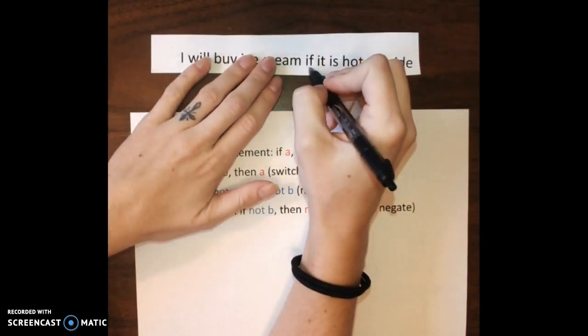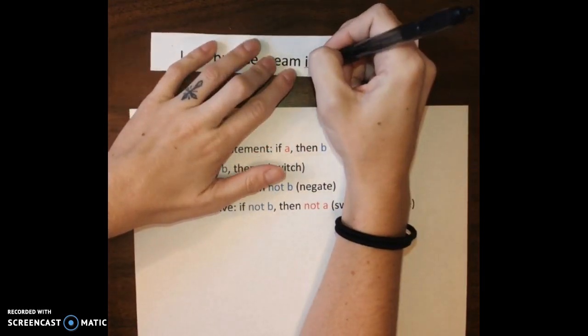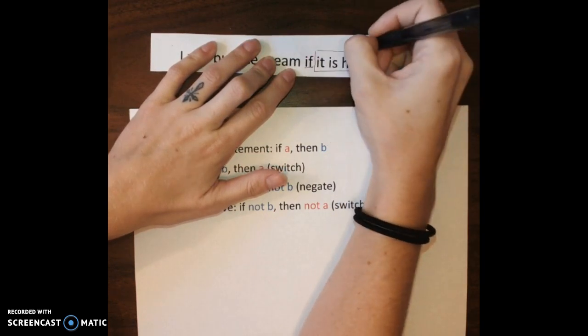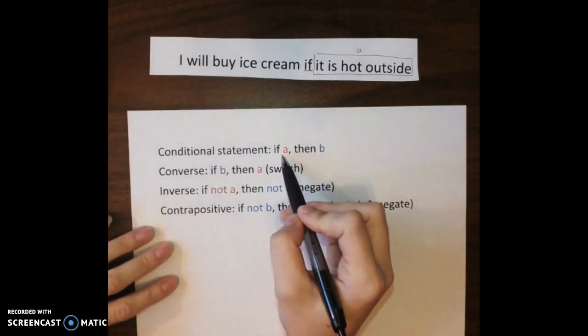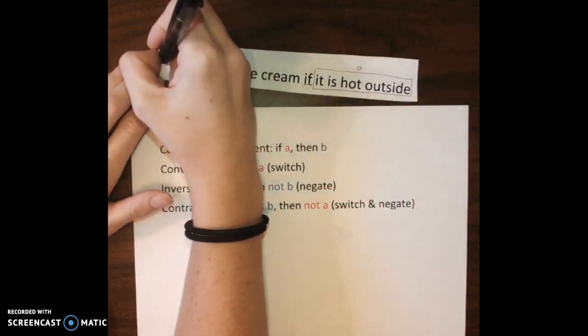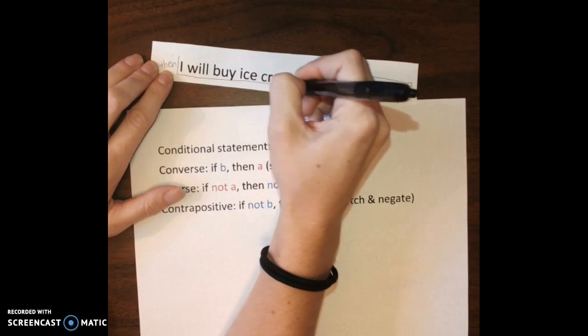Notice we do have the word if. So everything after that word if is going to be part A. All right, notice A comes right after if. And then we don't have the word then, but we could add the word then, and all of this would be part B.